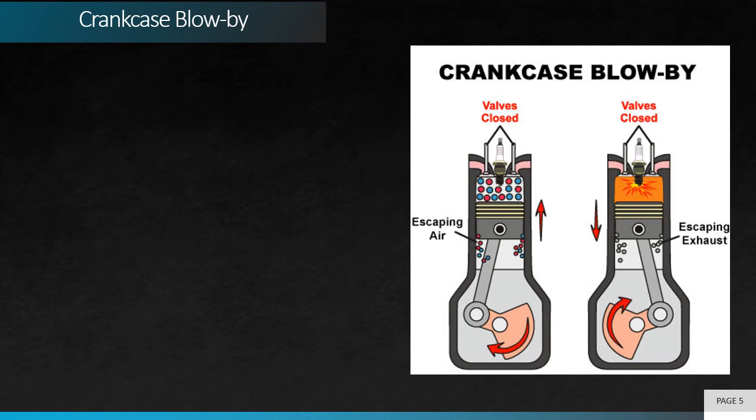Class, blow-by gases are the unburnt gases of the combustion process. As we know, the combustion process has the four-stroke cycle, which includes intake, compression, combustion or power, and exhaust.